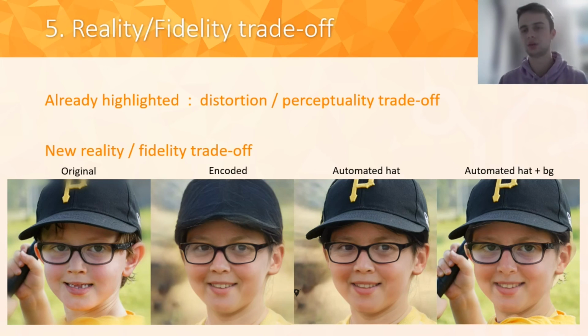And we found out about a new trade-off that we call the reality-fidelity trade-off, which is basically the fact that if we want realistic images, we have to modify the overall context of the image, and so we won't match the original image.